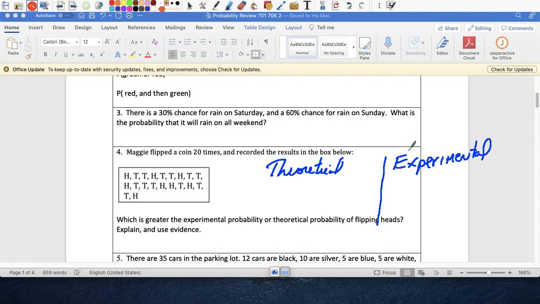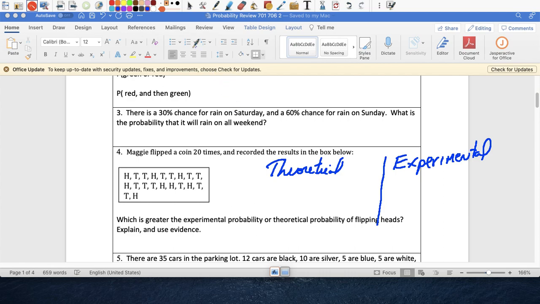Theoretical, there is no event happening. The experiment is not happening. So we're looking at the facts that we have. For example, on a coin, we look at a coin and we know there's 2 sides, right? And one side is tails, one side is heads, and that's how we determine the probability.